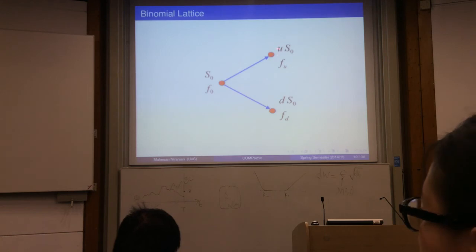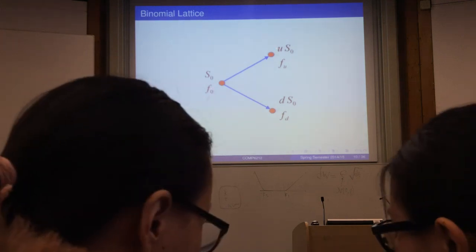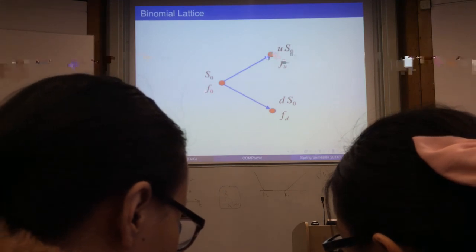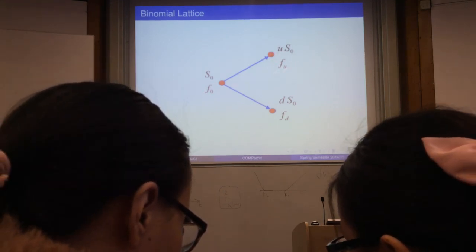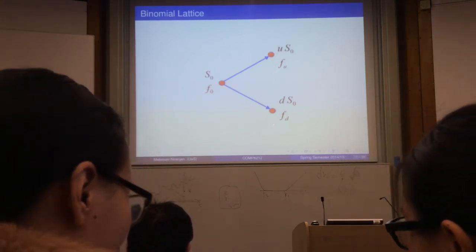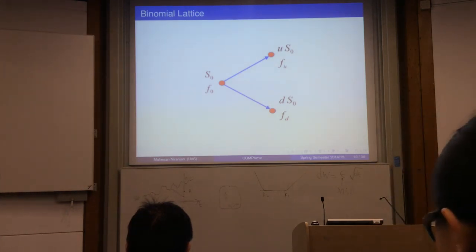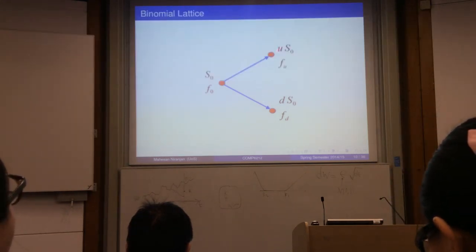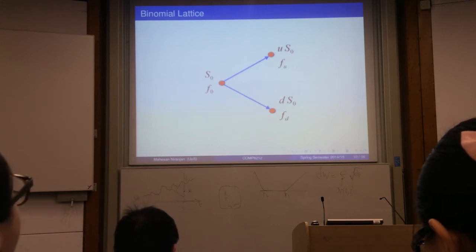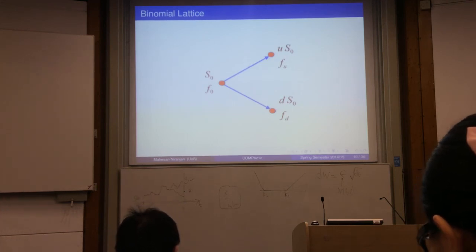It will go up and become some u times S naught, and it will go down, becomes d times S naught. And the value of the option was f naught, it goes to f_u if it goes up, it goes f_d here. We will ask the question, what should these shocks, the u and the d, be to match that continuous equation that I wrote?